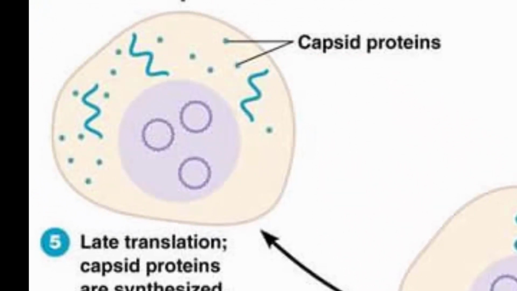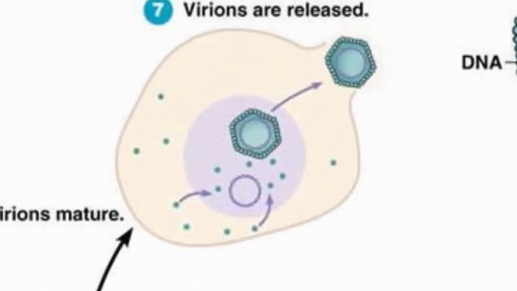Here the viral DNA is replicated and some viral proteins are made. And then in this step, you see that there are more viral proteins made to assemble the virus. Then the virus is assembled completely and is released to infect again.